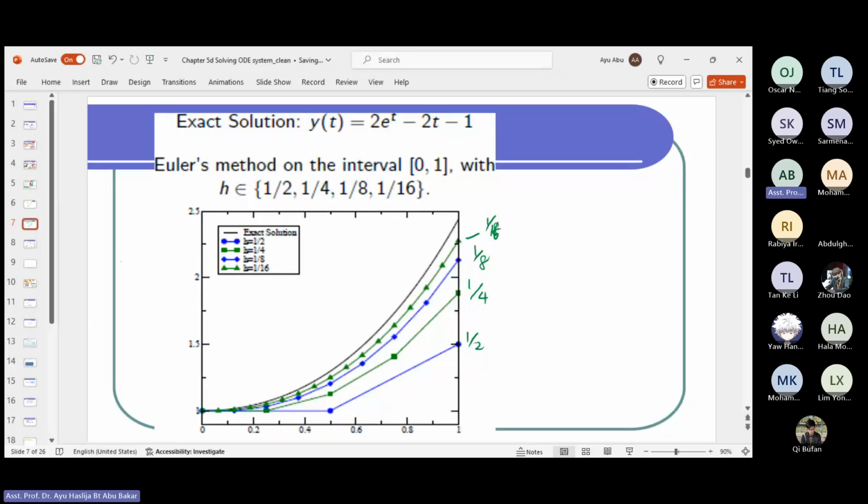You can see the trend. The smaller the h, the more points you have, then the lesser error. Any question? Okay, no question, I proceed.